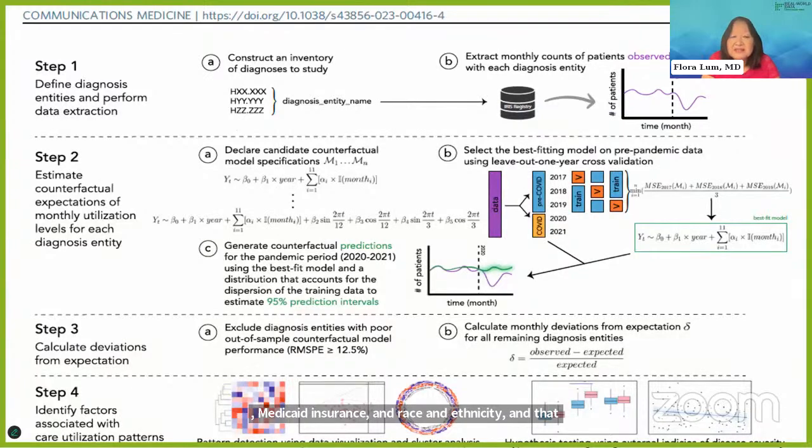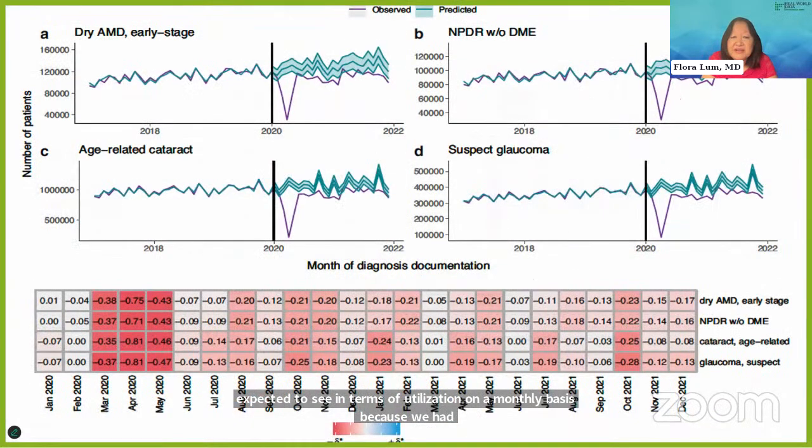And this is an analysis that we did during the COVID period to look at what we would expect. We were able to use the IRIS registry to estimate what we would have expected to see in terms of utilization on a monthly basis, because we've had several years of data prior to this.